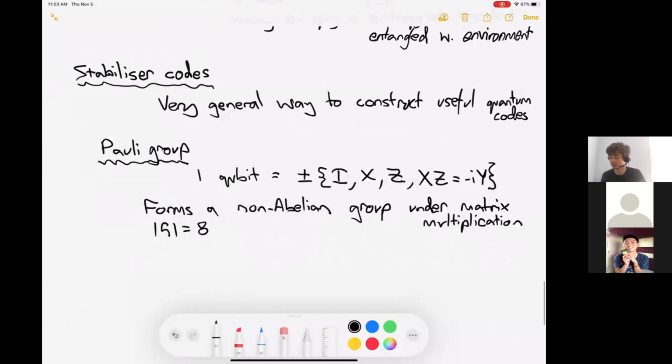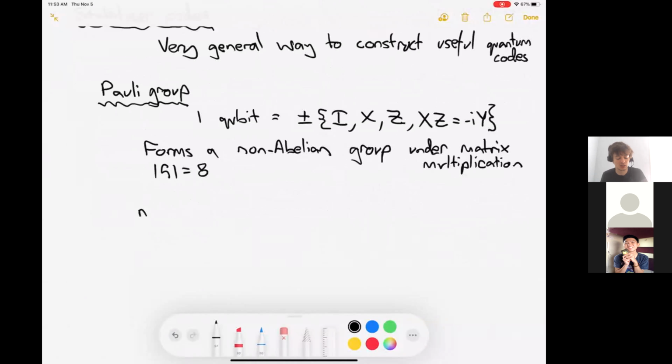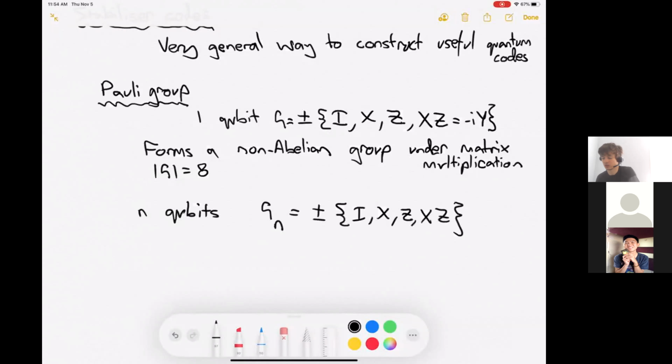Okay. So for n qubits, where for 1 qubit we have the group we'll call G, for n qubits we define G_n to be just the set of matrices plus or minus products of Pauli matrices, with a factor of i anytime there's a Y matrix.